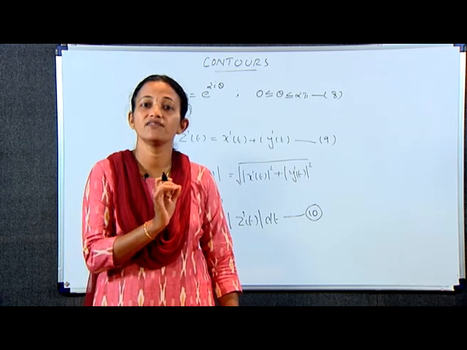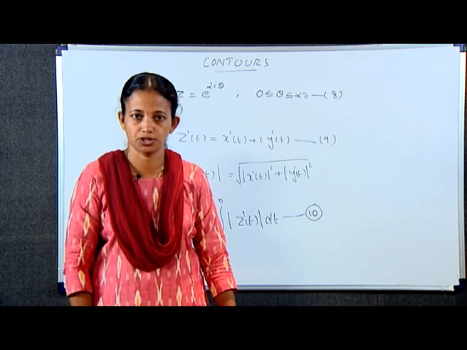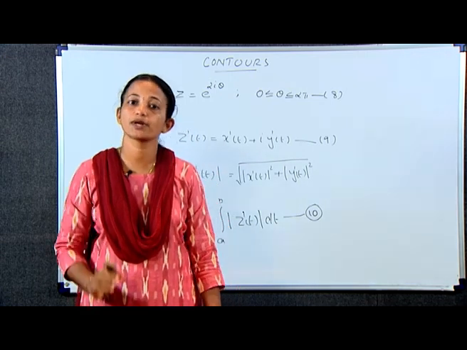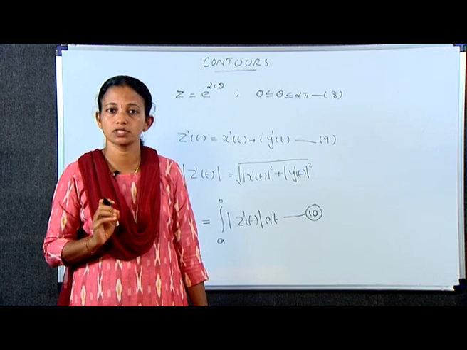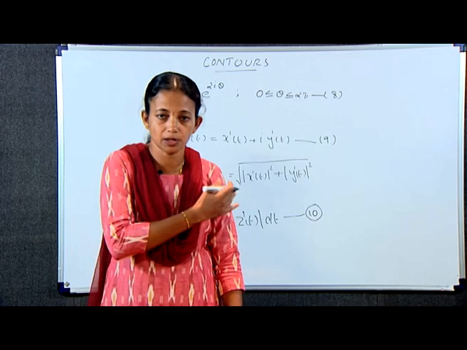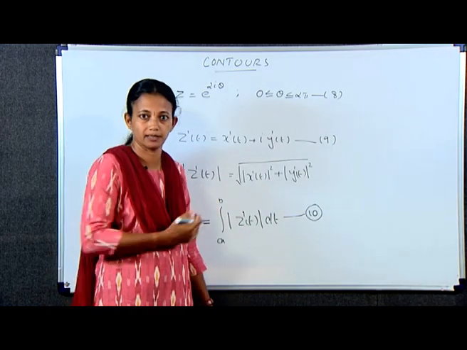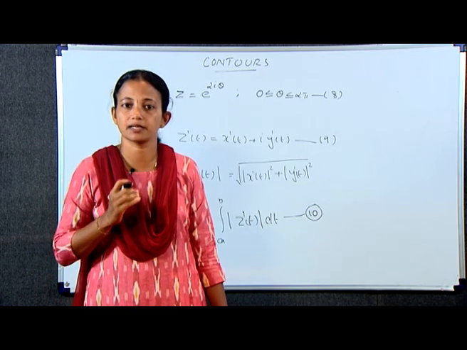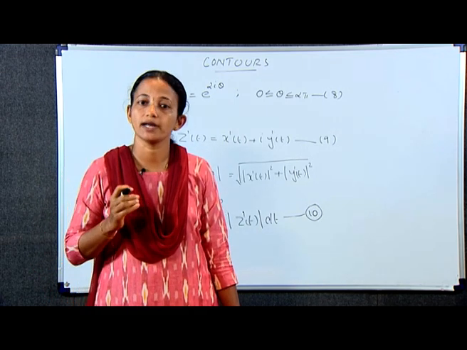Next we have invariance of this expression. The parametric representation used for an arc C is of course not unique, and the value of L given by expression number 10 is invariant under certain changes in that representation, as one would expect.